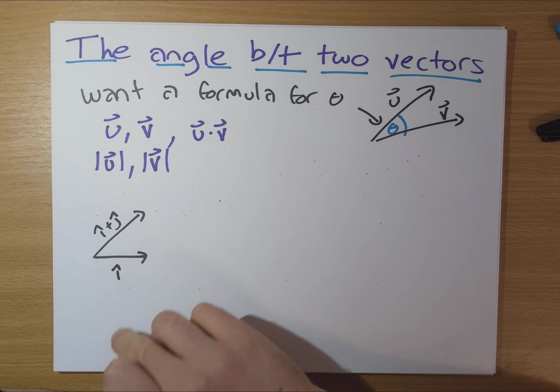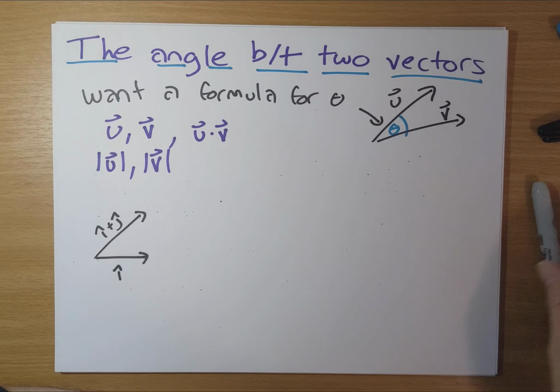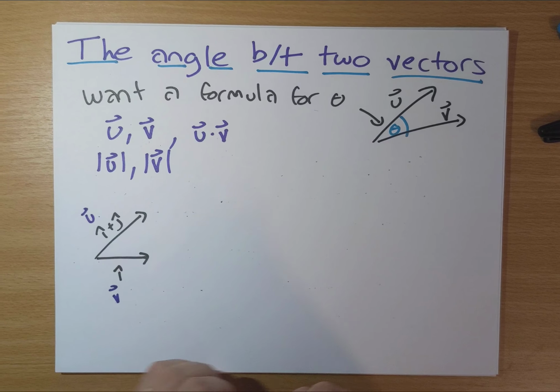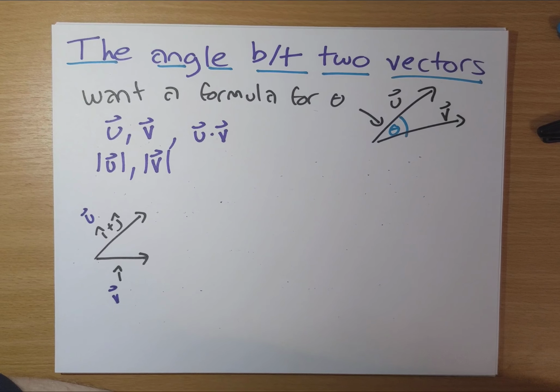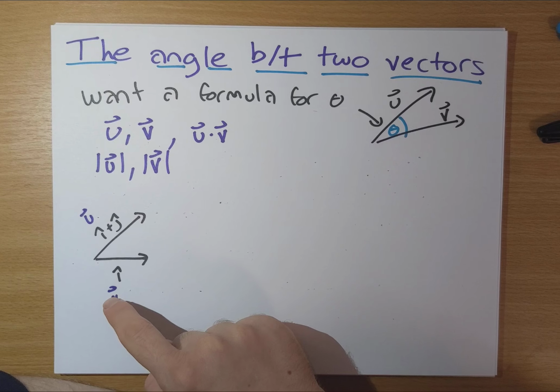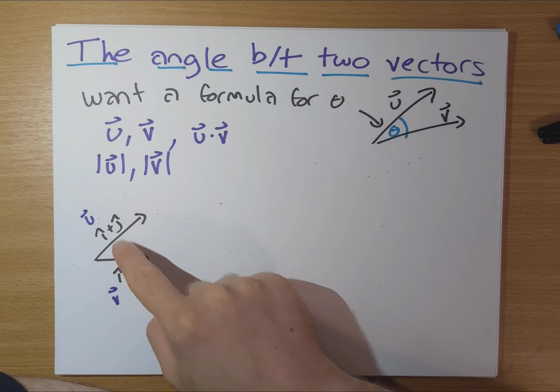Suppose our 2 vectors are i hat plus j hat and i hat. And we'll just always suppose that this is u and this is v here. The dot product of i hat plus j hat with i hat is going to be 1 times 1 plus 1 times 0.